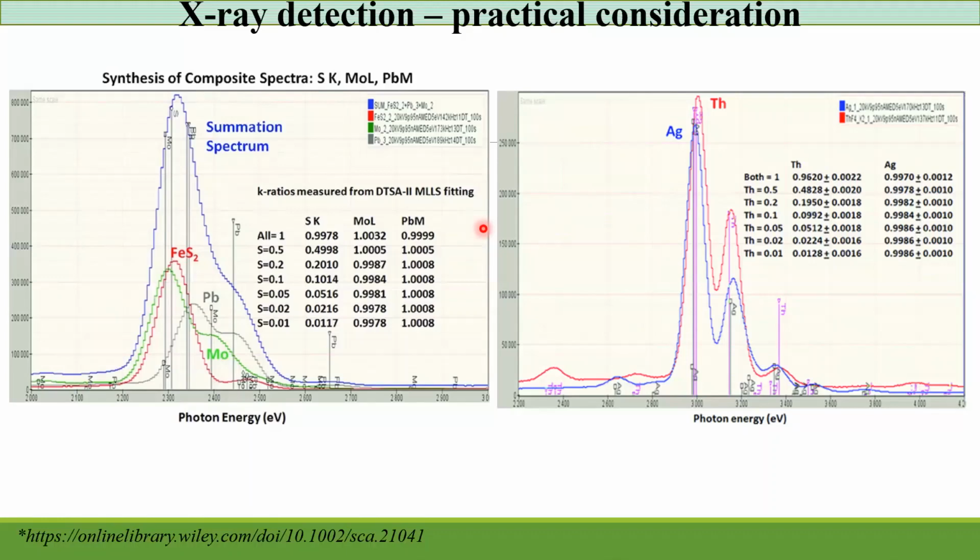This is a research work separately, in particular towards EDS analysis. They do some mathematical calculation, and they try to identify which is related to iron disulfide, which is related to lead, which is related to molybdenum. So this is high-end research. You don't need to do this, because it's completely research only for EDS mapping. We don't need to do that, but I just want to show that these are also possible researches going on from an EDS perspective.